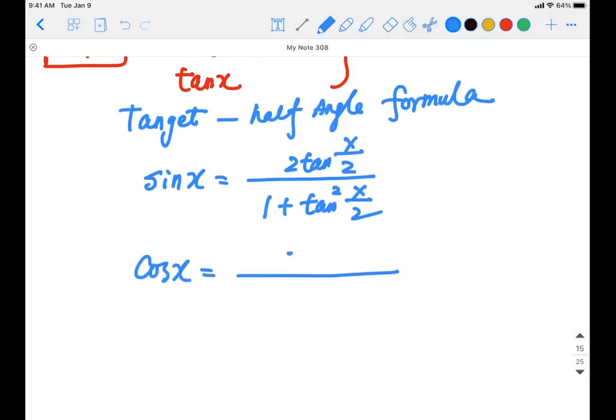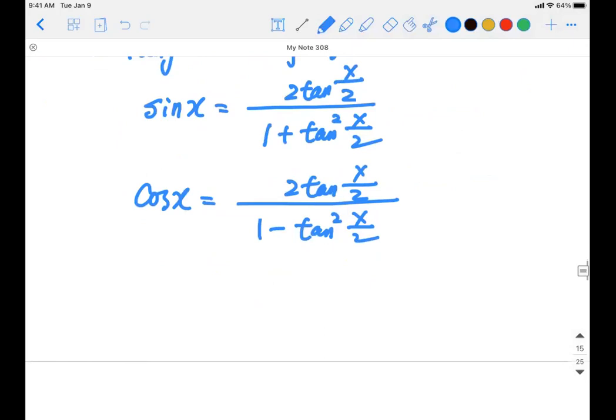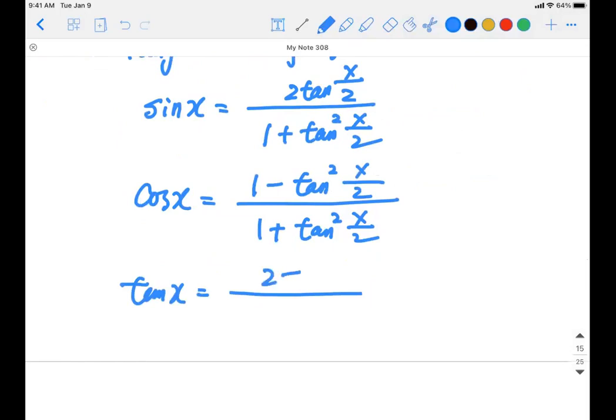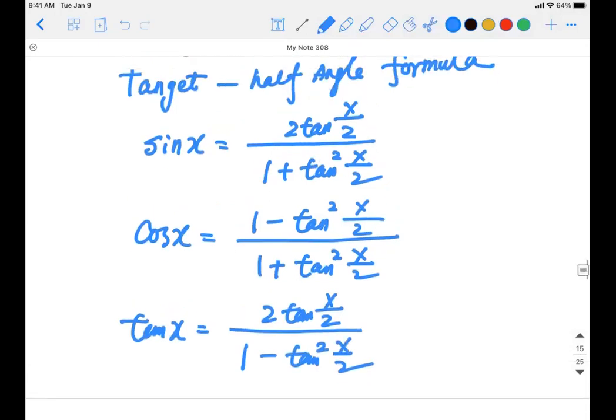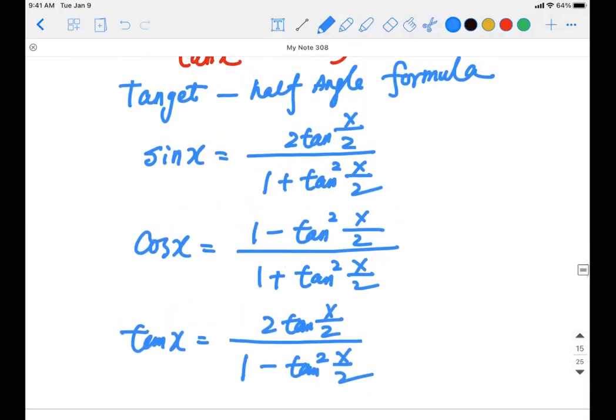Cosine x equals 1 minus tangent squared of x over 2, over 1 plus tangent squared of x over 2. Oh, excuse me, this is cosine here. And tangent x equals 2 tangent of x over 2, over 1 minus tangent squared of x over 2. This is the famous tangent half angle formula.